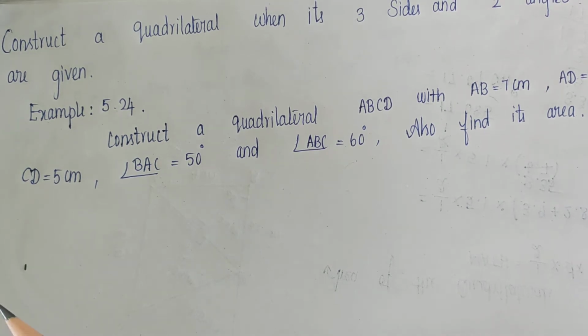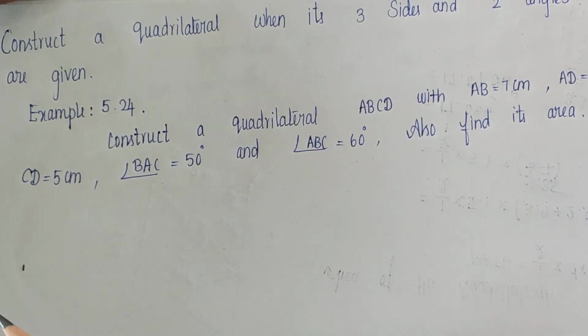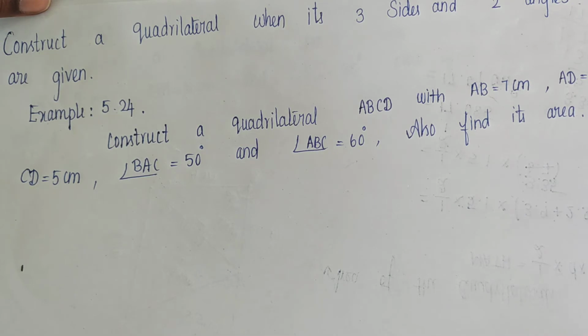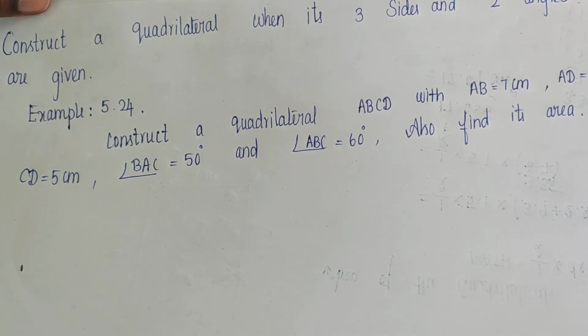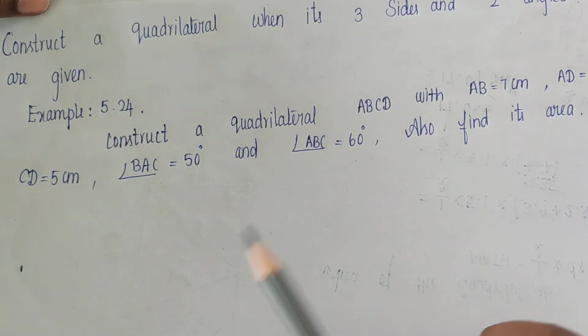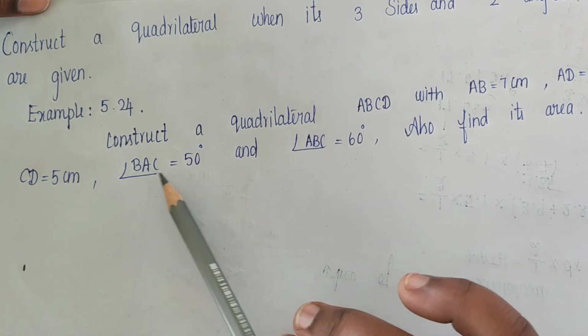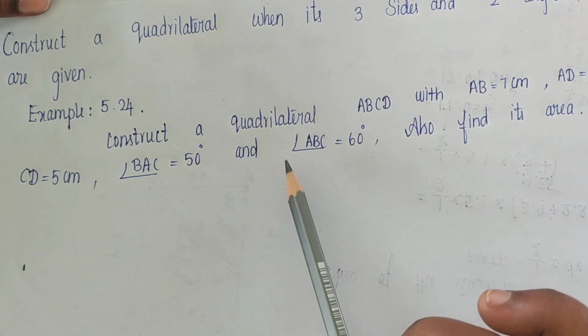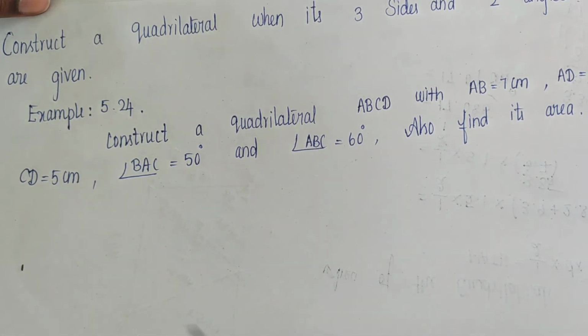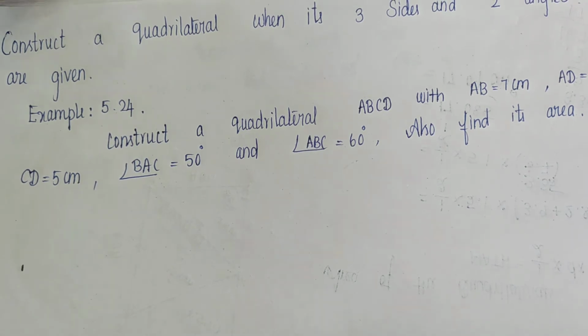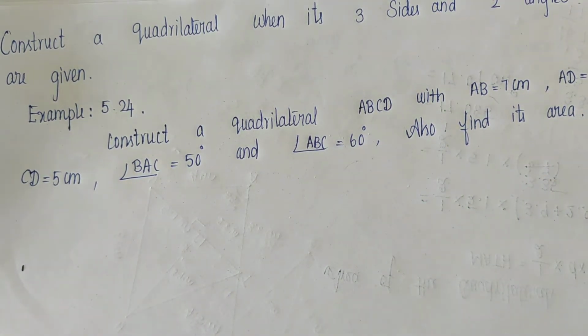These are sides. And two angles: angle BAC equal to 50 degrees and angle ABC equal to 60 degrees. Okay students, what is the question in this example?